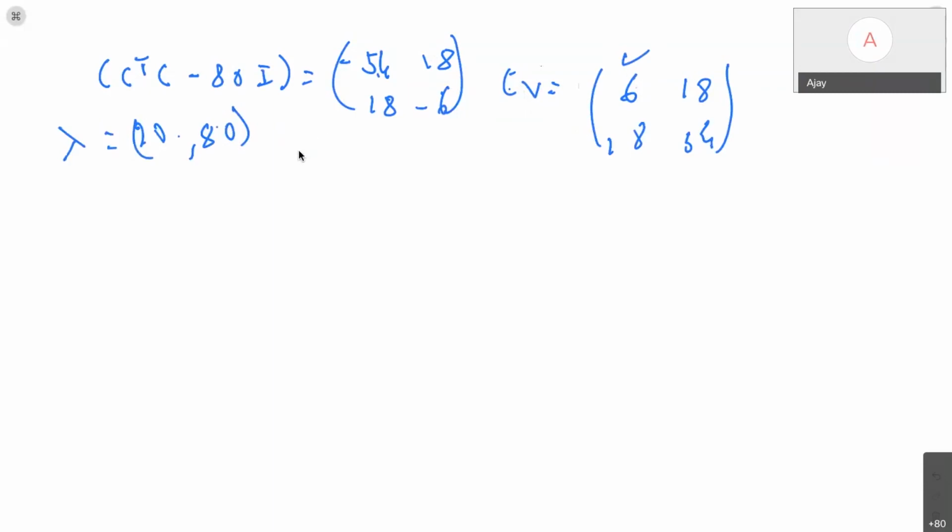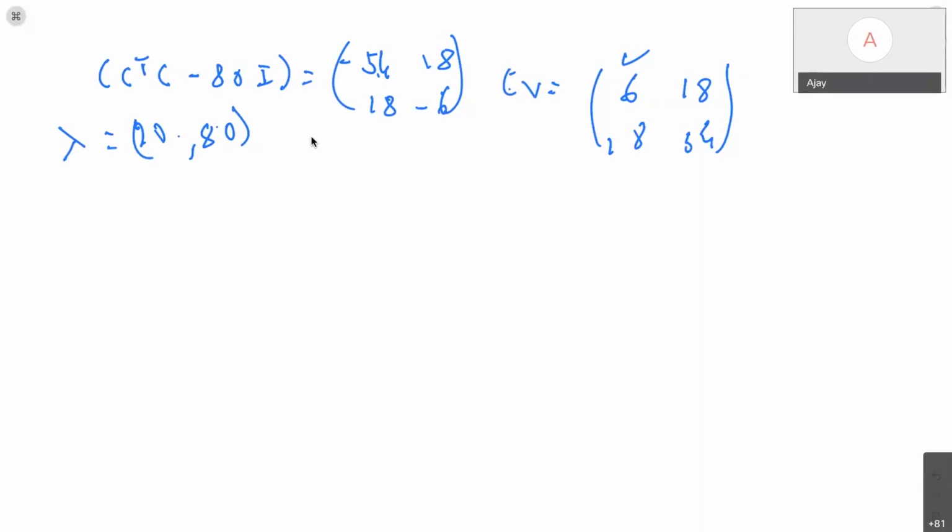After calculating this 6, 18, 18, 54, you have written something else. See, that is basically how we are trying to find the eigenvector. In the previous example, I discussed how to find eigenvectors.